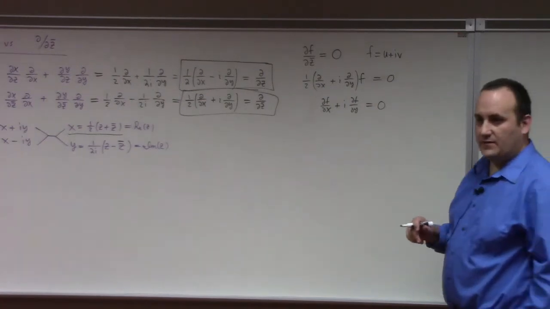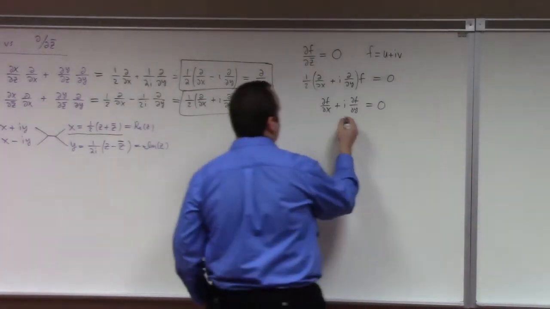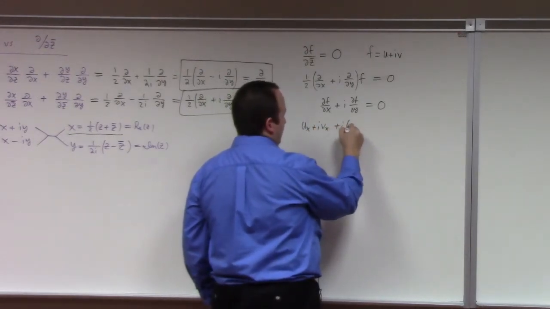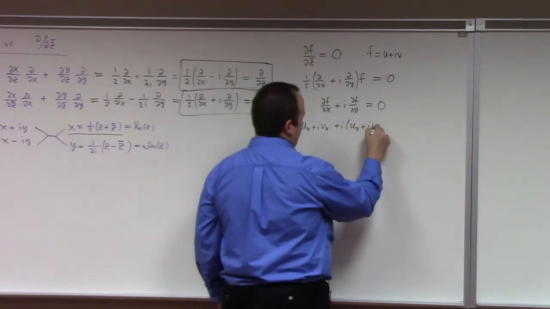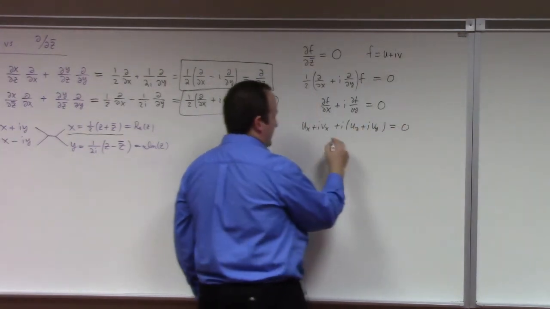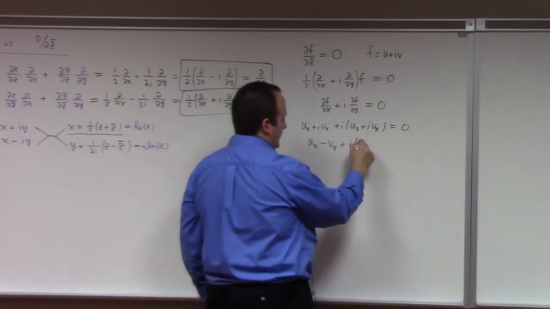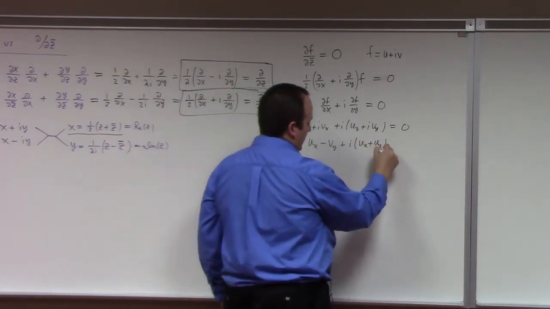So if I write that out in terms of real and imaginary components, what's that give you? It gives you u_x plus i v_x plus i times u_y plus i v_y is equal to 0, which gives you what? u_x minus v_y plus i times (v_x plus u_y) is equal to 0.